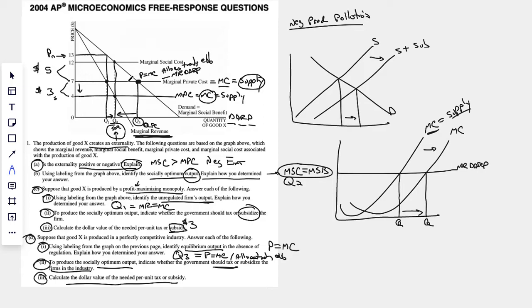What that does is shift this curve up here so that our marginal private cost or marginal cost will increase and we'll go up here and we will meet right there, and that will be our new quantity. So a tax, and a tax of $5.